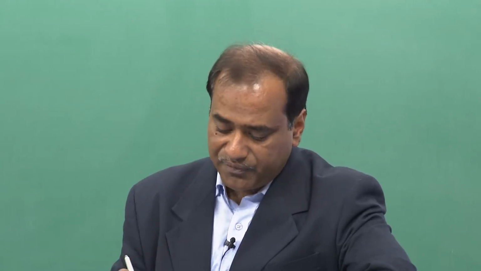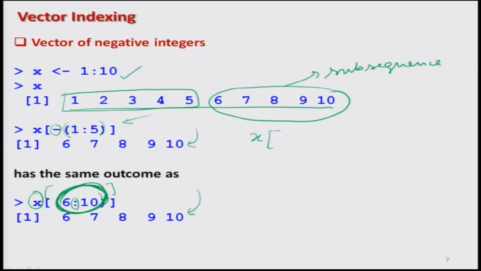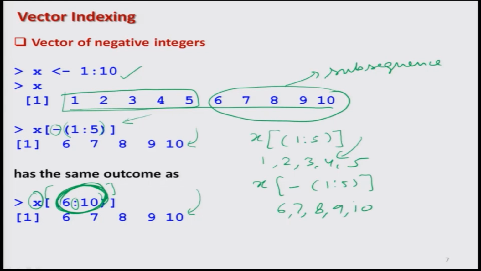For example, if I want to write down only the values of x from 1 to 5, I will show you that you get the answer 1, 2, 3, 4 and 5. But as soon as you put a negative sign, then you get the answer 6, 7, 8, 9 and 10. So, this negative sign changes the ordering, just the complement, just the opposite.